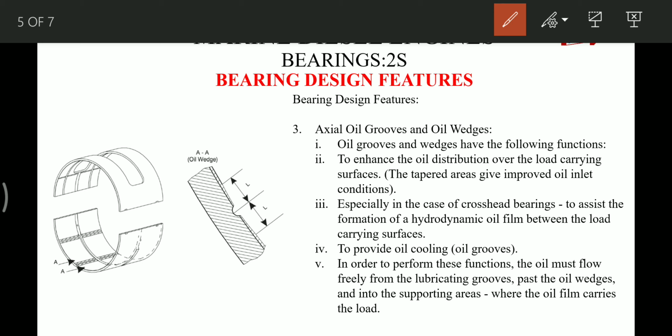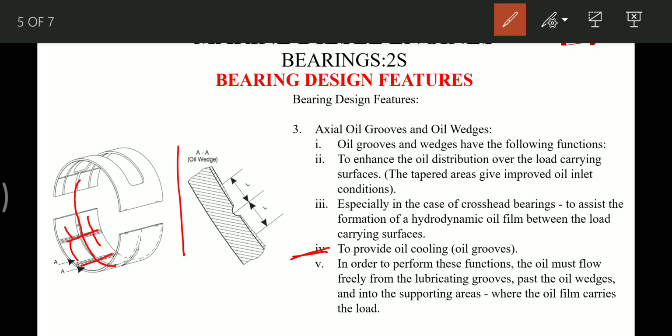These grooves also provide oil cooling. In order to perform their functions, oil must flow freely from the lubricating grooves past the oil wedge and into the supporting area where the oil film carries the load. So oil passes in this groove, and from this it gets distributed to these grooves, and from these grooves it is spread to the loaded area and takes the load.